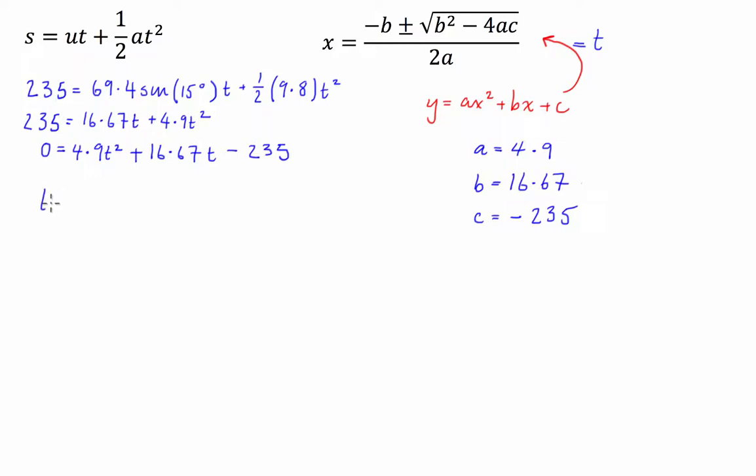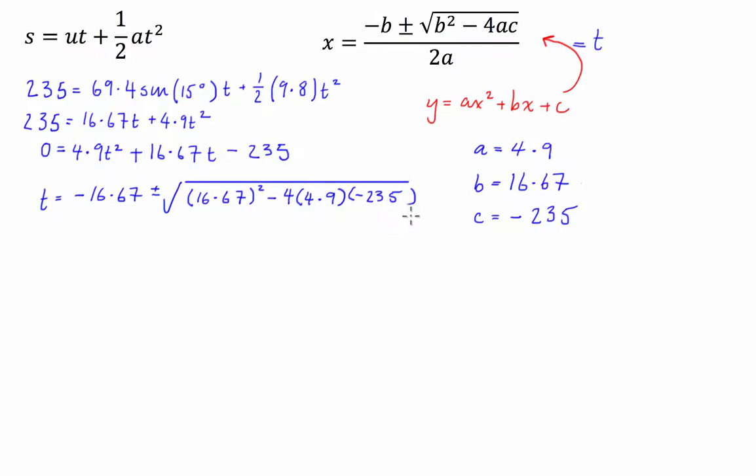So t is going to be equal to the opposite of b, which is negative 16.67, plus or minus the square root of b squared, so 16.67 squared, minus 4 times a, 4.9, times c, which is negative 235, and that's all divided by 2 times a, so 2 times 4.9.